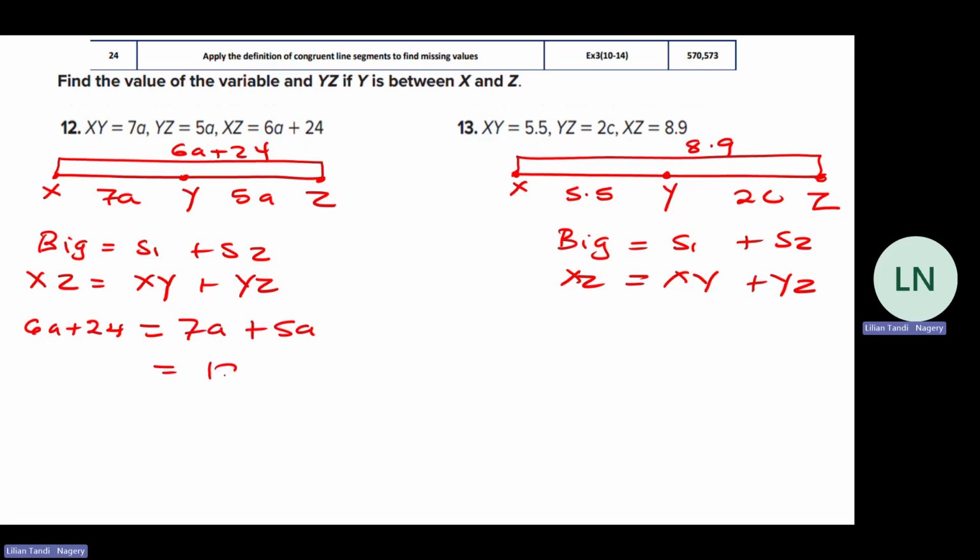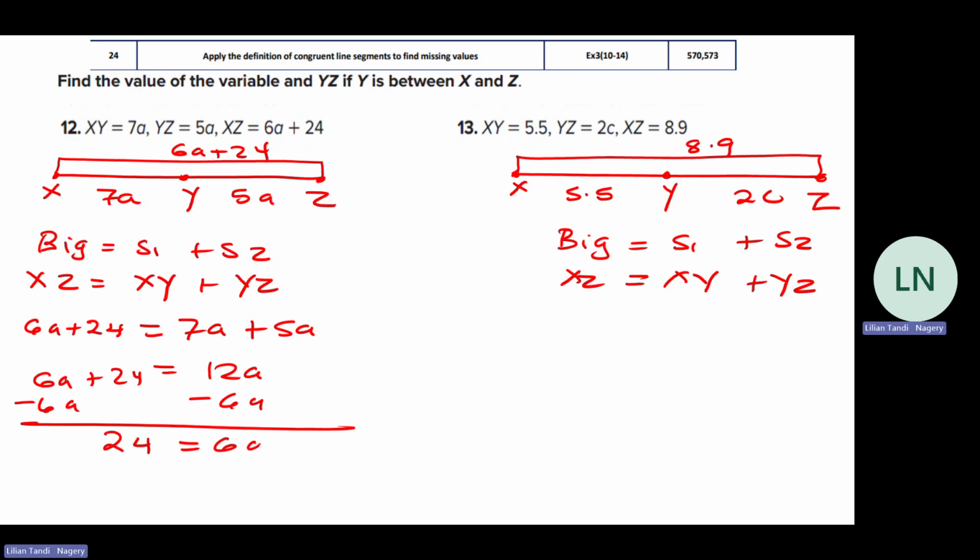This equals 12A. 6A plus 24, minus 6A, minus 6A. 24 equals 6A. Divide by 6, divide by 6. A equals 4. And you box your answer. Okay?